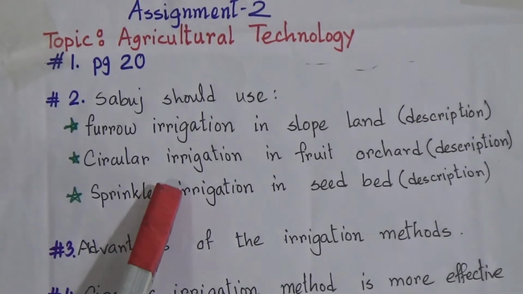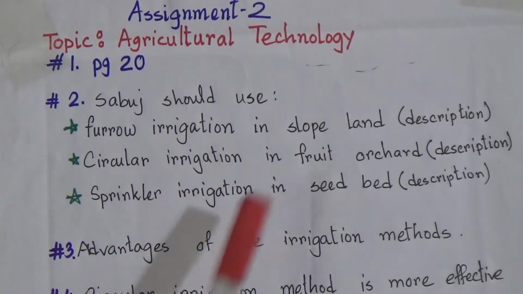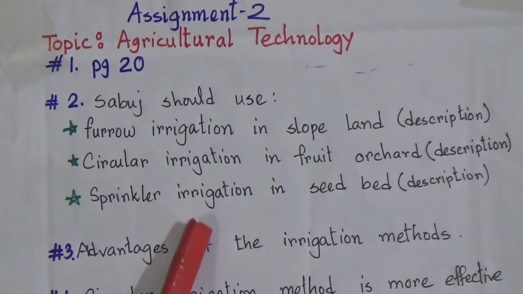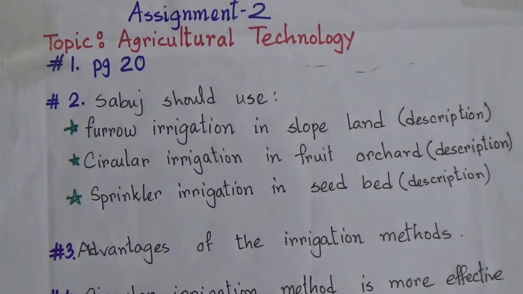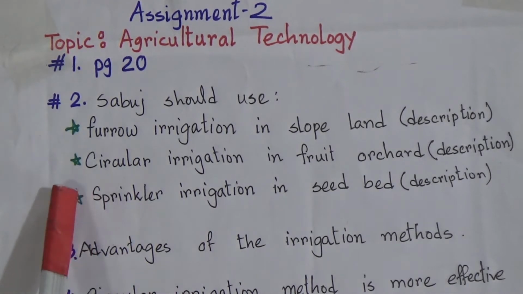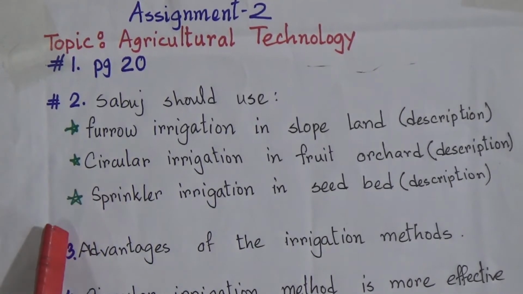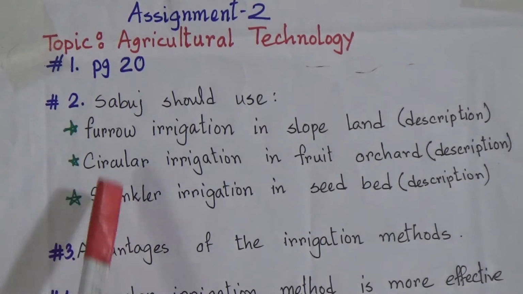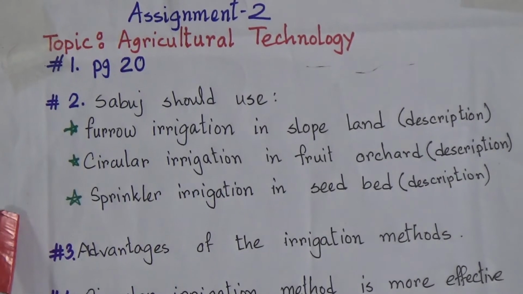For furrow irrigation, the crops are planted in rows, and in that rows, the water is given. But it is better than the flood irrigation, but not as good as circular irrigation, because in furrow irrigation more water is needed than circular irrigation.